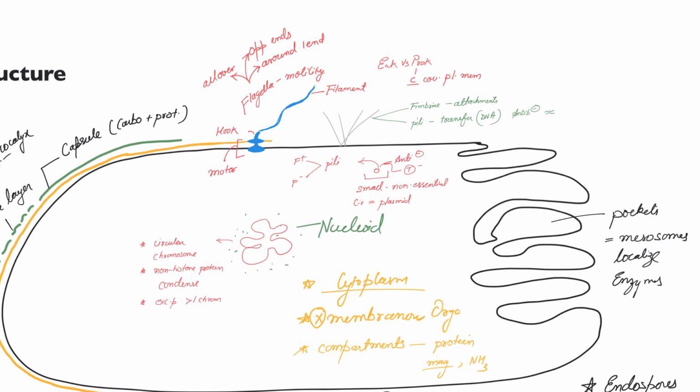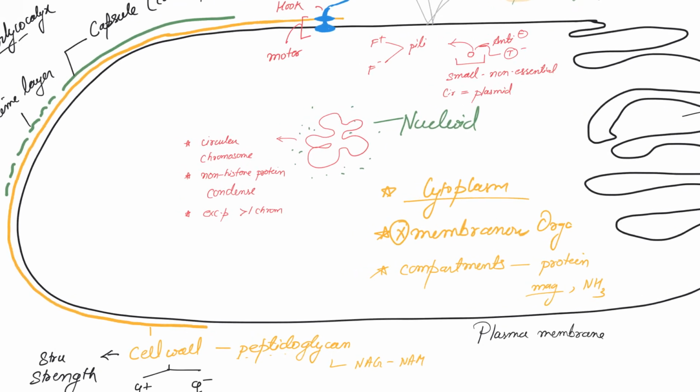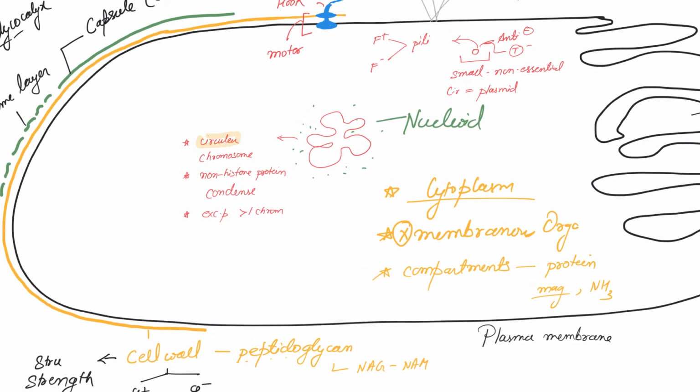We talked about appendages, that is our own flagella, and we also talked about fimbriae and pili, each having their own role. We talked about the genetic material, which is generally the circular chromosome, but it can be linear as well. Remember, bacteria, you'll always find exceptions. It can be linear as well, in some cases.